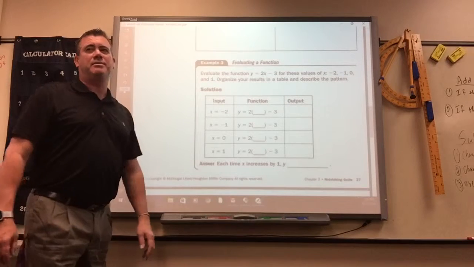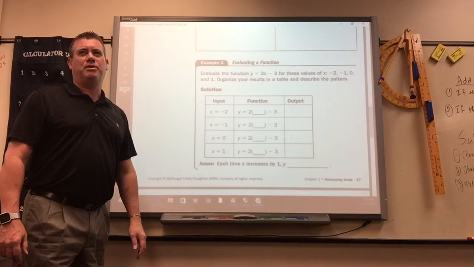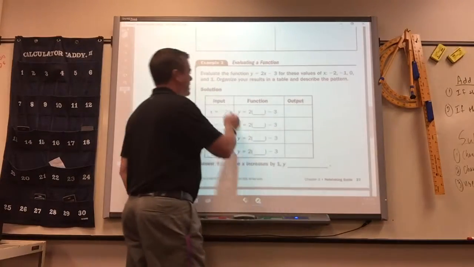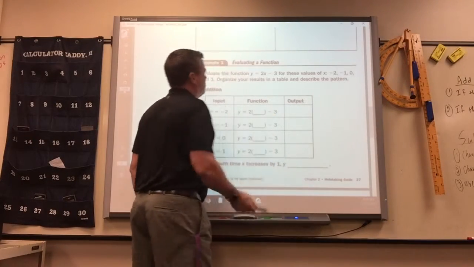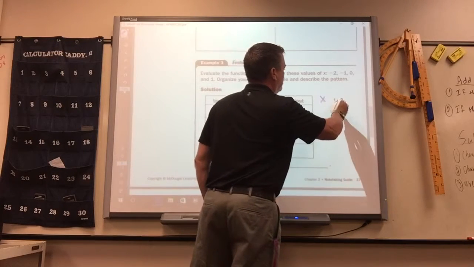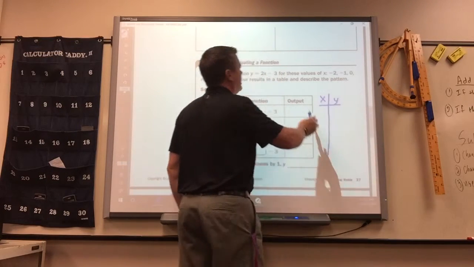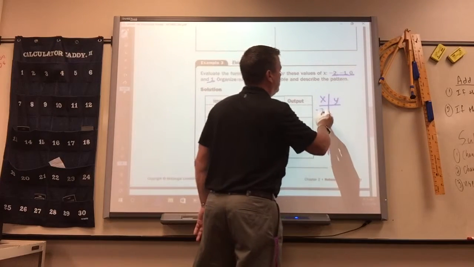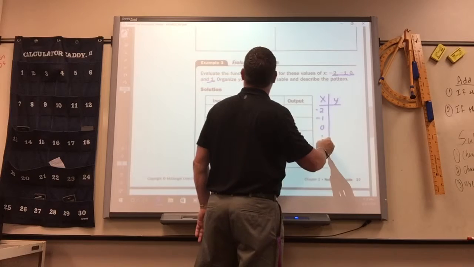Okay, a function table. We did those, remember, in chapter 1? We did the X, Y. So here again, they have input, output with the function in the middle. You would just do it like this. They tell you what X to use: -2, -1, 0, and 1.